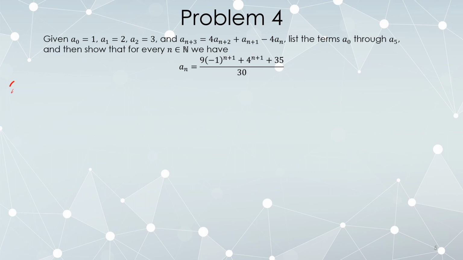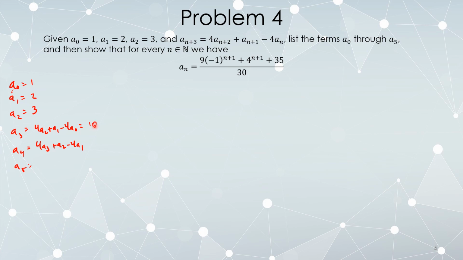Okay, so we need to compute a0, a1, a2, a3, a4, a5. We were given 1, 2, and 3 to start with. Our recursive formula is the same, so this is going to be 4a2 plus a1 minus 4a0. I'm just going to go ahead and compute these now. 4 times 3 plus 2 minus 4 times 1. So 12 plus 2 minus 4, 10. Then 4a3 plus a2 minus 4a1.